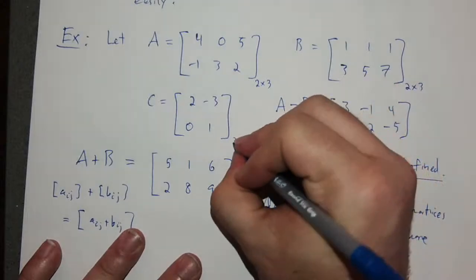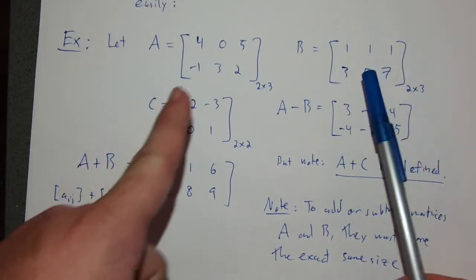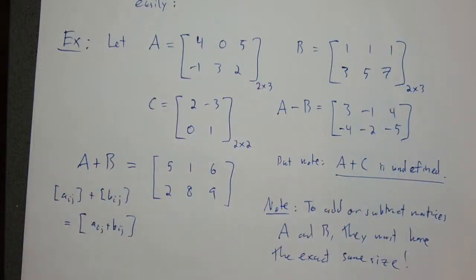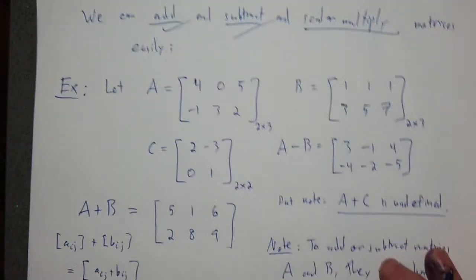But C is 2 by 2. For C to be addable to A or B, it would have to also be a 2 by 3 matrix. So when you add or subtract matrices, you begin with a size and you end with the exact same size. Okay, that's important.